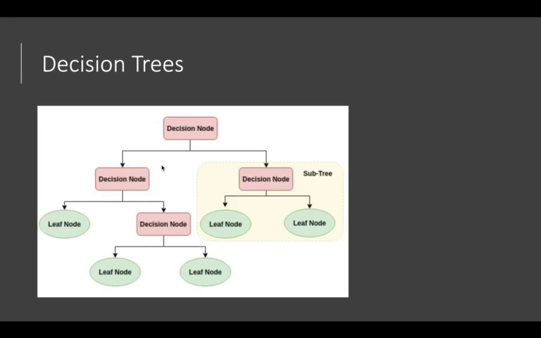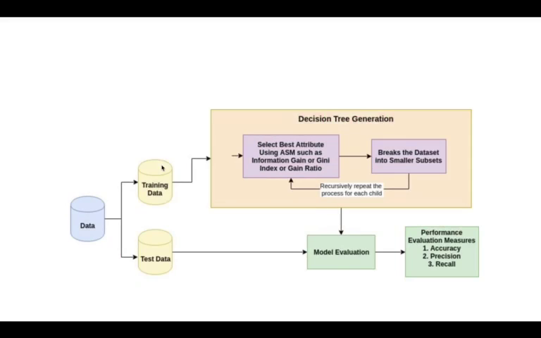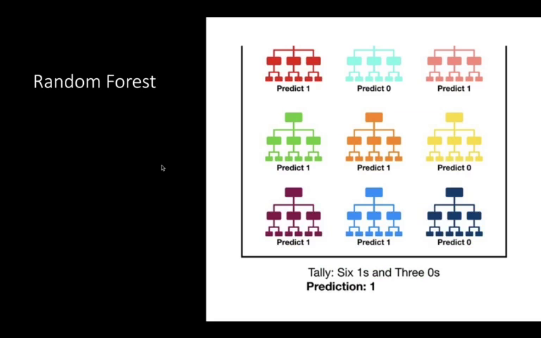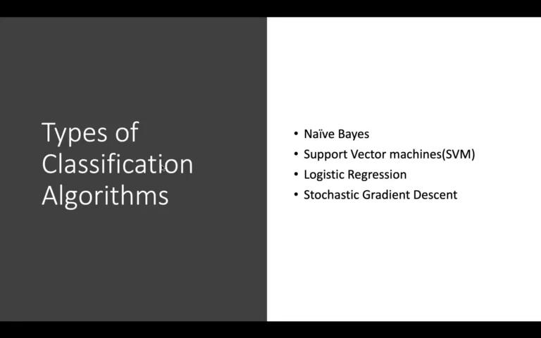So a random forest is nothing but a collection of decision trees, and you do predictions on each, and then vote to decide the outcome. It's like an ensemble of decision trees. So we're going to focus on these four algorithms in our project.